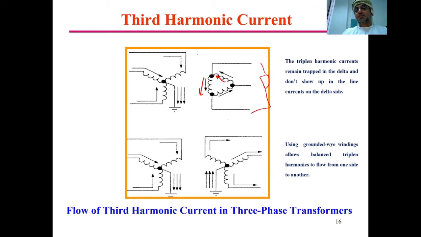So the triplen harmonic current remains trapped in the delta connection and will not show up in the line current on the delta side. Of course, if we make a connection, for example YY, and the Y is connected to the ground from the neutral, the third harmonic component will circulate through both.